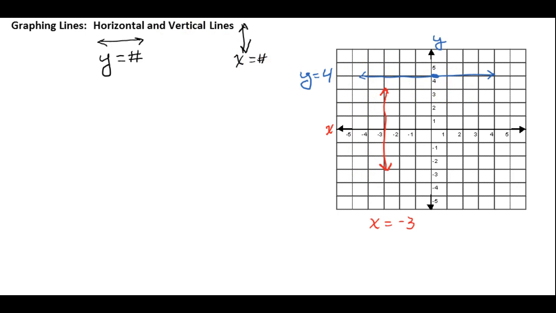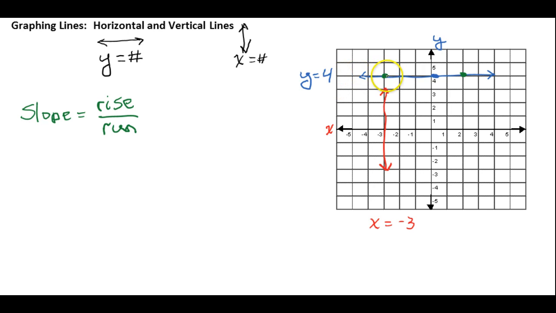Now, quickly to talk about slope, with horizontal lines, from one point on the line to any other point on the line, remember that slope is defined as the ratio of the change in the vertical distance compared to the change in the horizontal distance, rise over run.